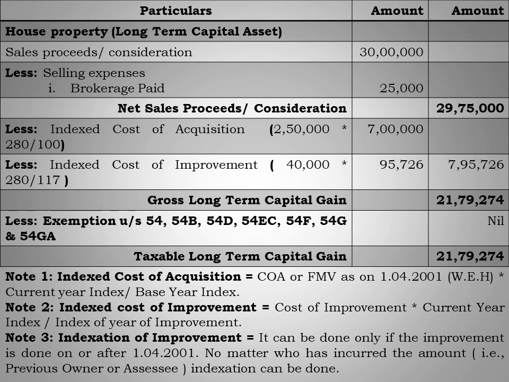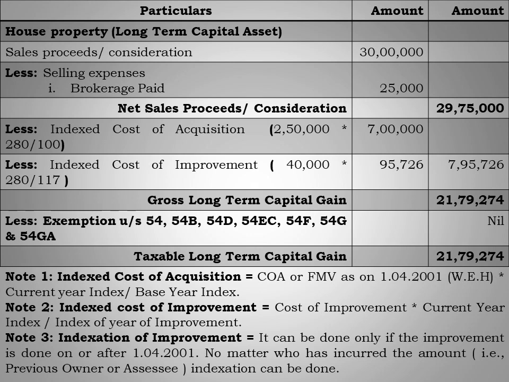It doesn't matter, the only thing is the improvement has to be done on or after 1st April 2001. Then we can consider whoever incurred that improvement cost. And one more clarification: if the improvements are more than one which are made after 1st April 2001, what might be the answer? We have to consider every improvement which is made after 1st April 2001 for the calculation purpose.